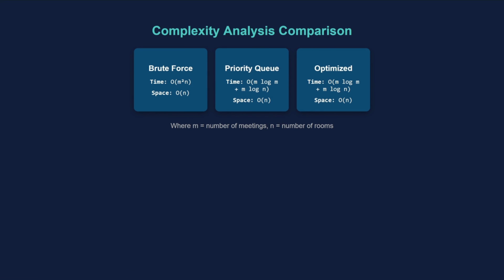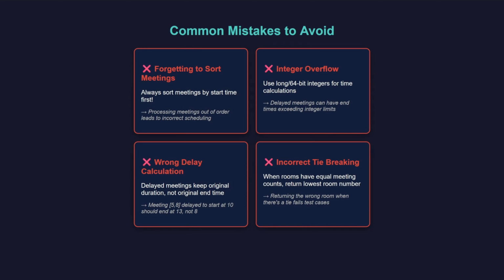Let's discuss common mistakes to avoid. First, forgetting to sort meetings by start time. This leads to processing meetings out of chronological order and incorrect results. Always sort first. Second, integer overflow when calculating delayed meeting times. With time values up to 500,000, delayed meetings can exceed integer limits. Use long or 64-bit integers.